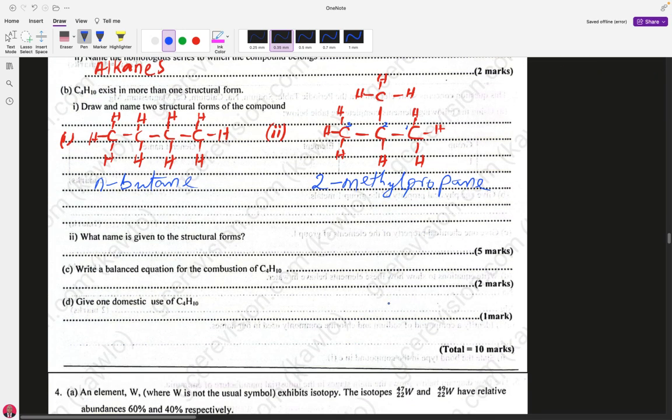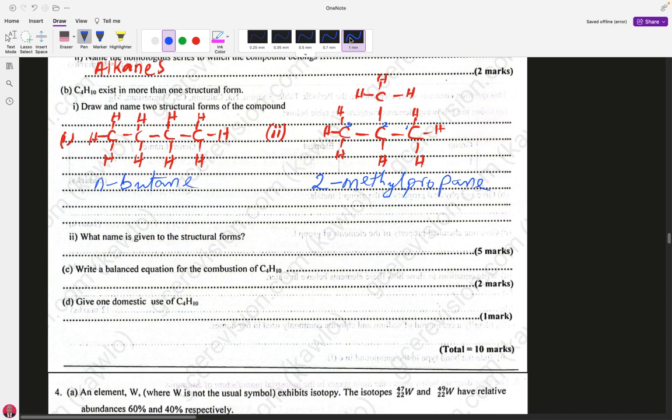So now let's go to what name is given to the structural forms. Of course, as I told you, you should know how to differentiate between the different forms of molecules having the same molecular formula but different structural forms. We call them isomers.